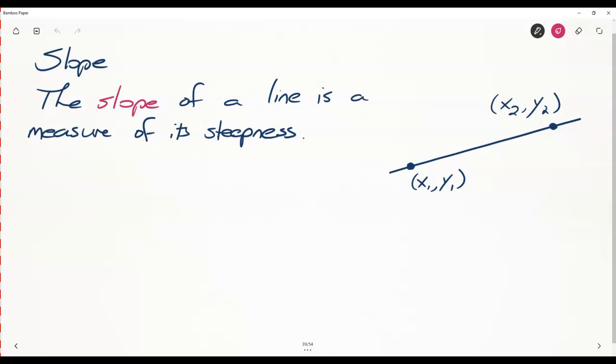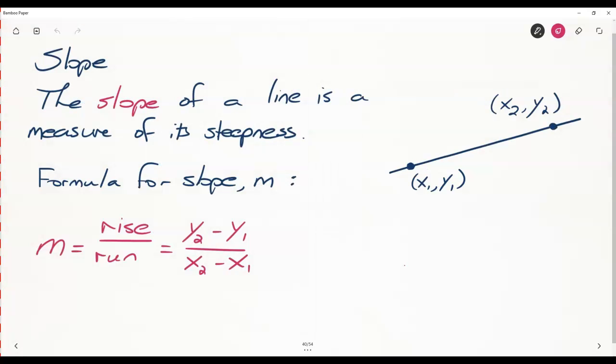So what I'm going to do is take these 2 points, and if they're labeled this way, just like in the distance and midpoint formula, all that matters is that the subscripts match. It doesn't matter which one you call x sub 1 and y sub 1 and which one you call x sub 2 and y sub 2. But rise over run is defined to be y sub 2 minus y sub 1, because if I take y sub 2, which is the height of this point, and subtract out y sub 1, which is the height of this point, what I'm going to get is the vertical distance between those 2 points.